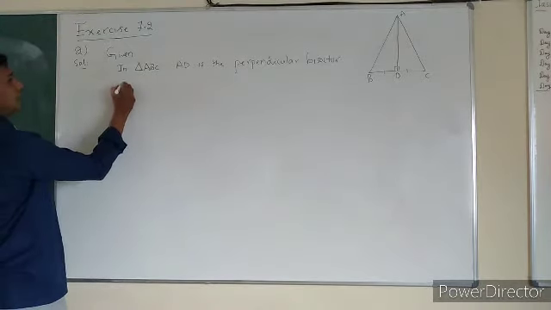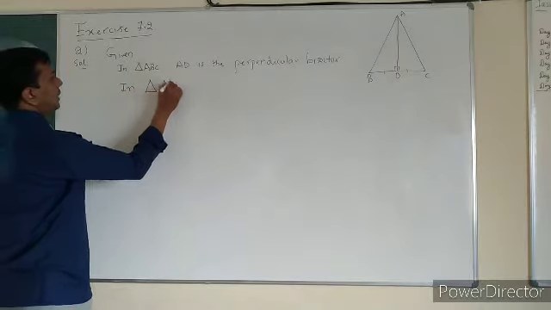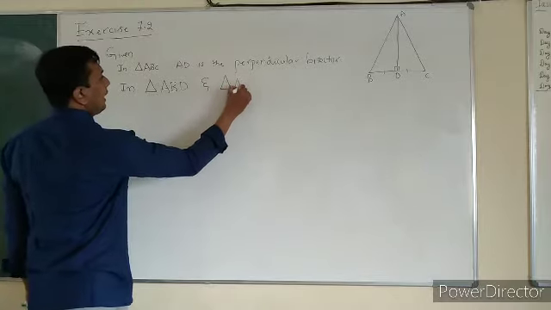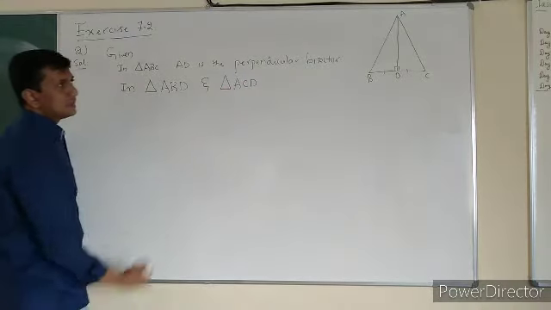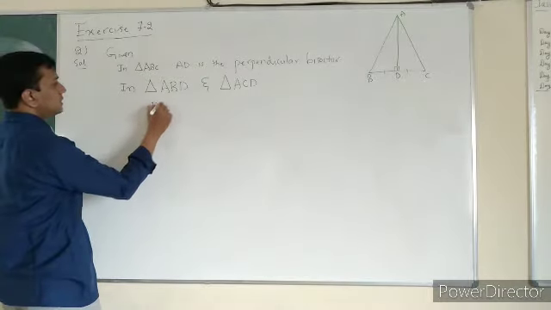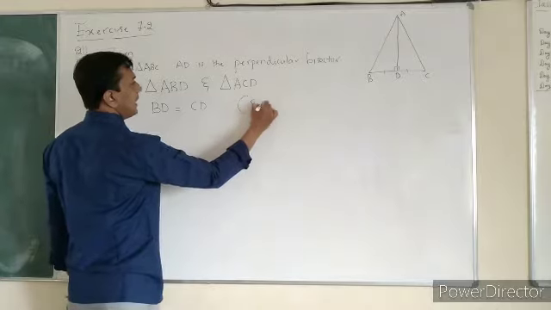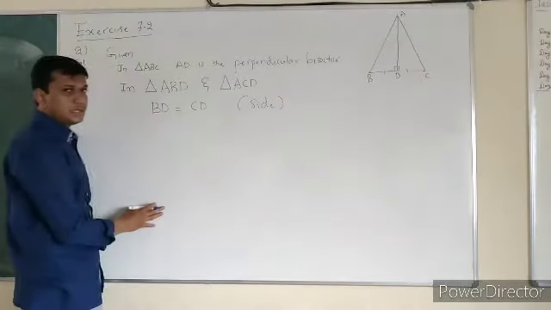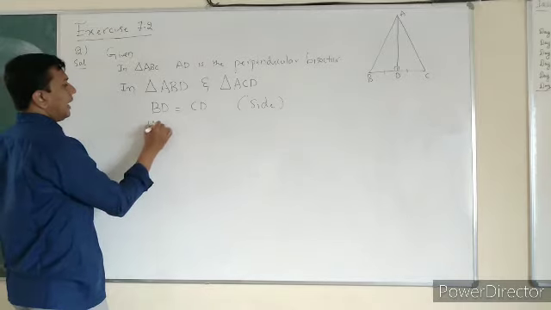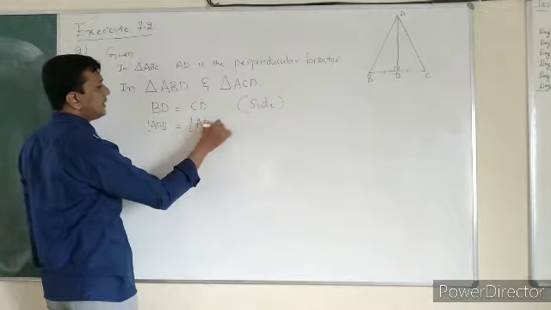So in triangle ABD and triangle ACD, what is the common thing we are observing? BD is equal to CD, this being one side correspondence, and angle ADB is equal to angle ADC.